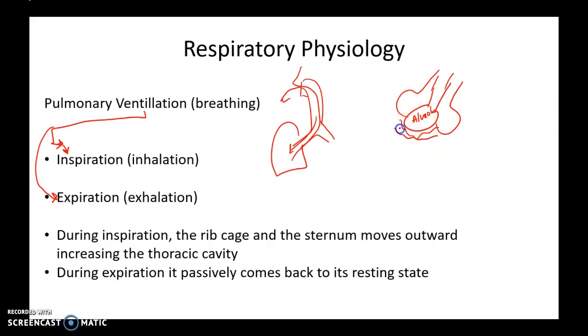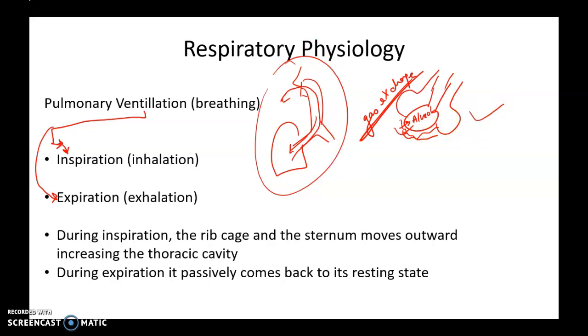So the exchange between the alveolus and capillary, this right here is called gas exchange, which we will look at later. But there is a difference, okay? I want you to know that pulmonary ventilation is not the same as gas exchange. They are different phenomena. This is pulmonary ventilation, breathing, and this is gaseous exchange right here.